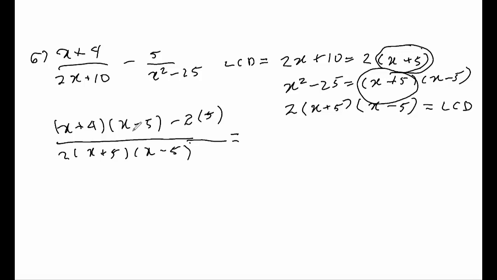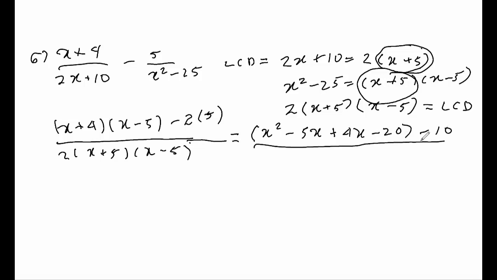So when we do that, we get on top x squared minus 5x plus 4x, and then plus 4 times negative 5 is minus 20, and then here 2 times negative 5 is negative 10.